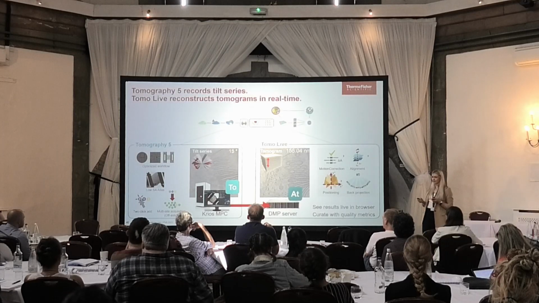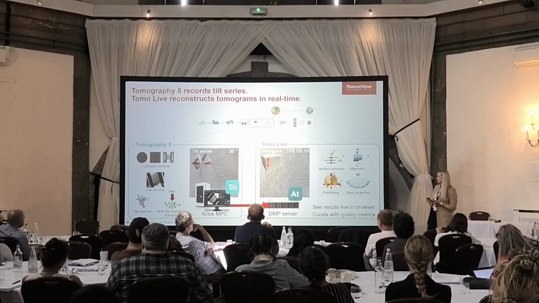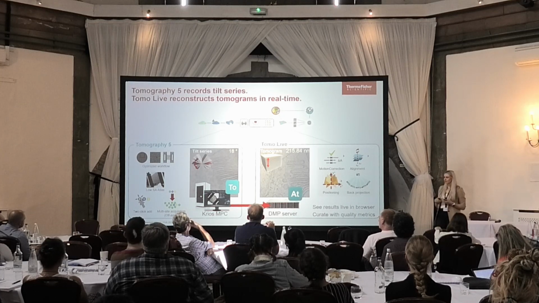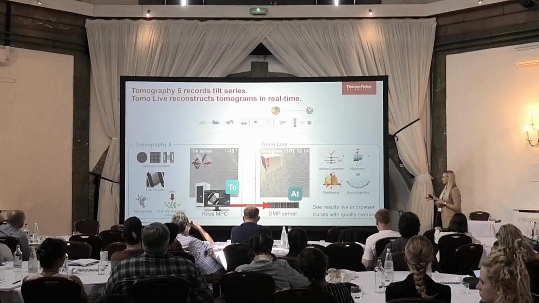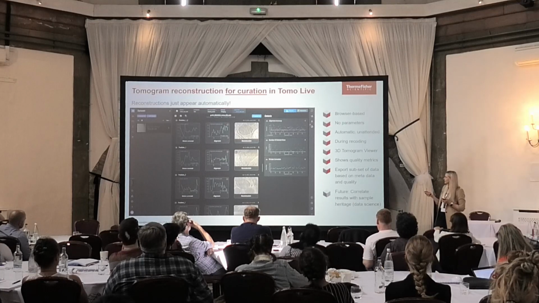TomoLive runs on the Falcon server, and on the fly it does motion correction of your movies of a single tilt, alignment of a tilt series, and then reconstruction. Just a few minutes after the tilt series is finished, you can see the final reconstruction in the web browser. It looks like this.